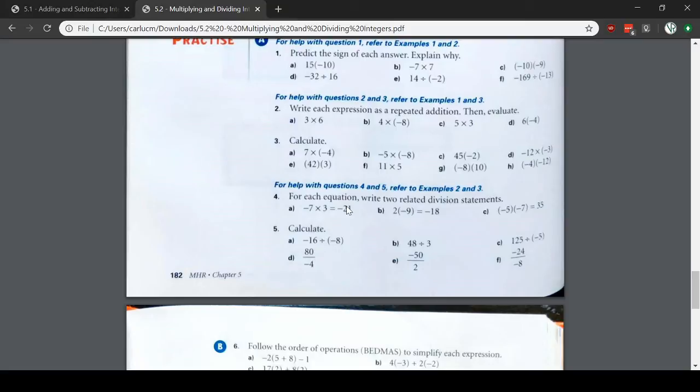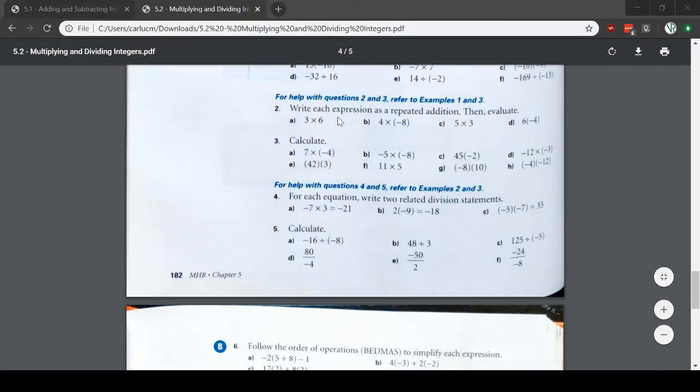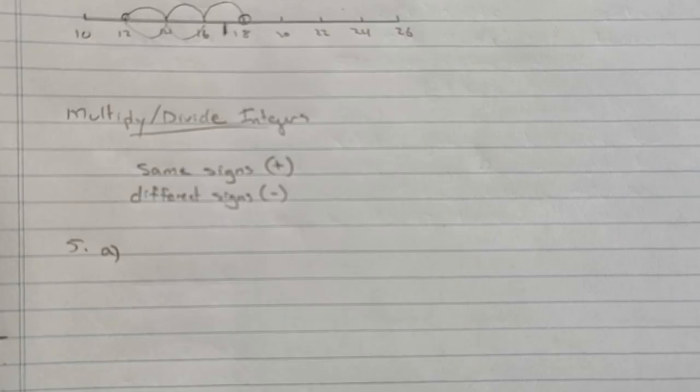Some questions from number 5, and we'll do A and D. 5A and D. So in 5A, we are looking at negative 16 divided by negative 8.